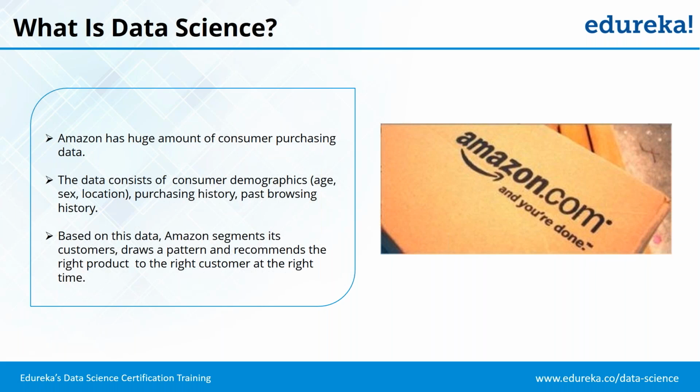Based on this data, Amazon actually does a lot of drawing insights and decision making. You would have seen that whenever you go to buy any object, you also see some recommendations that if you buy this, people generally buy these additional things also from Amazon. Also, there are some recommendations that if you buy these 2 or 3 things together, then you get a discount on the total purchase. So this is where Amazon is using data science.